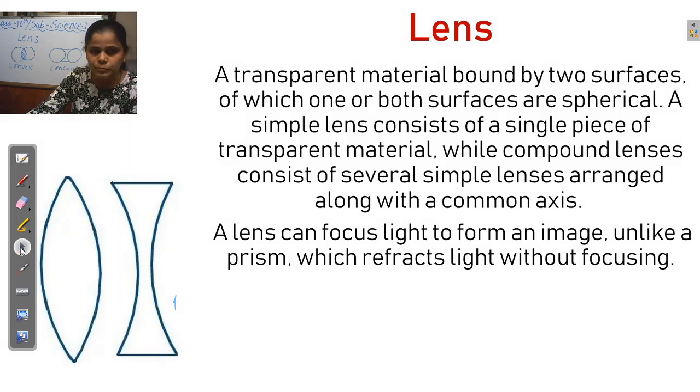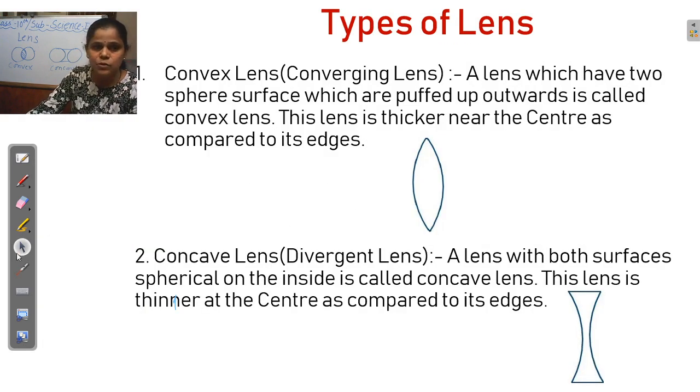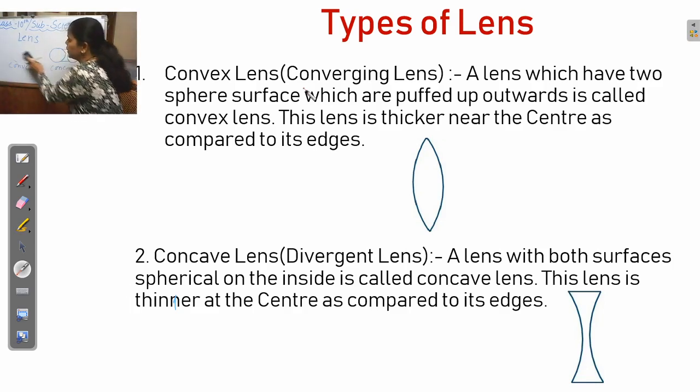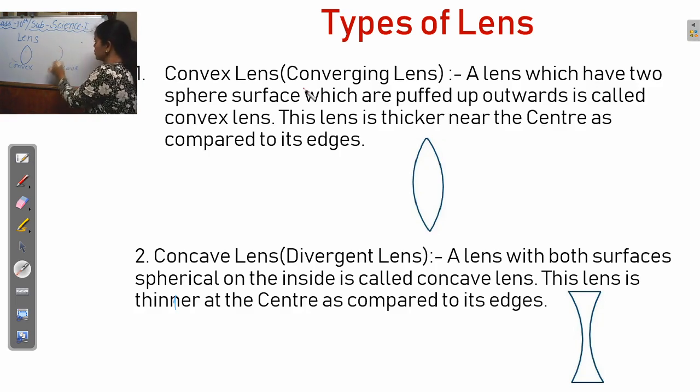Now the types of lenses. So students, here are two types of lenses: the convex lens, that is also known as a converging lens. Why? Because this convex lens converges the light, and the concave lens diverges the light.